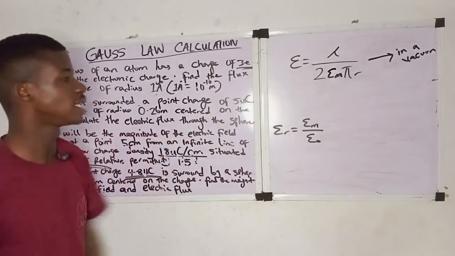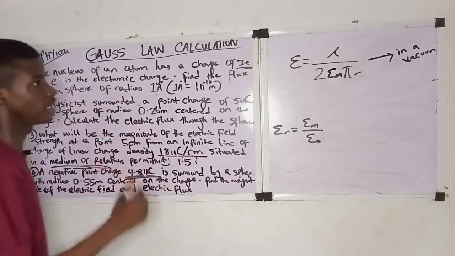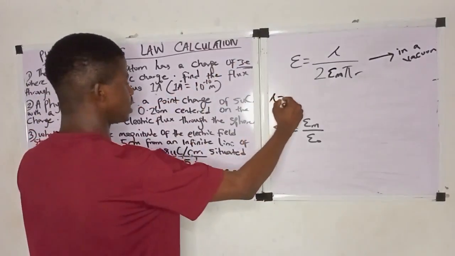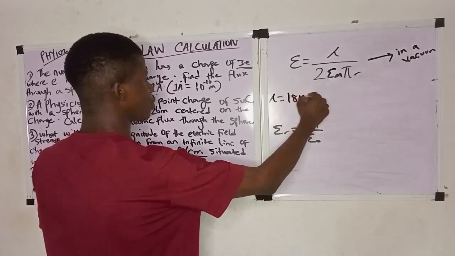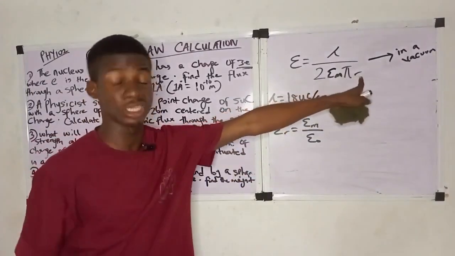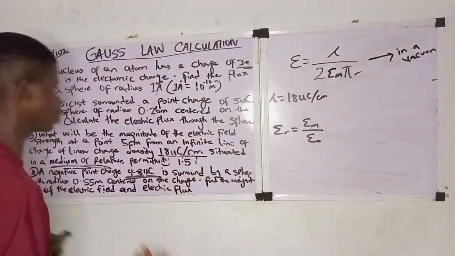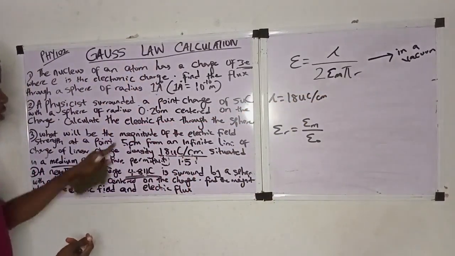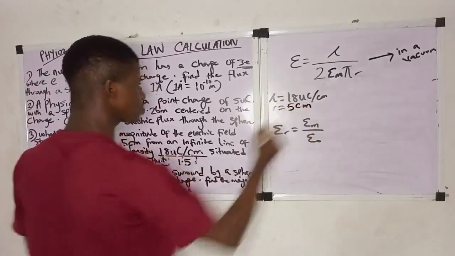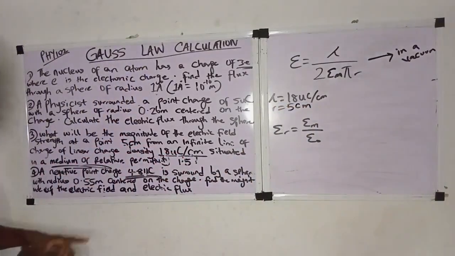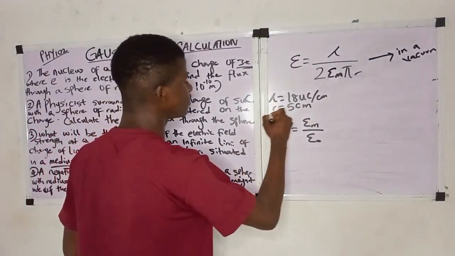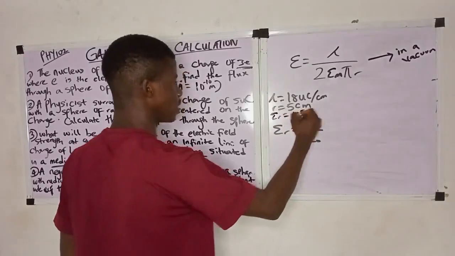If you look at the question very well, they give us linear charge density to be 18 microcoulomb per centimeter. They give us the distance, or radius, to be 5 centimeter. They gave us relative permittivity to be 1.5.